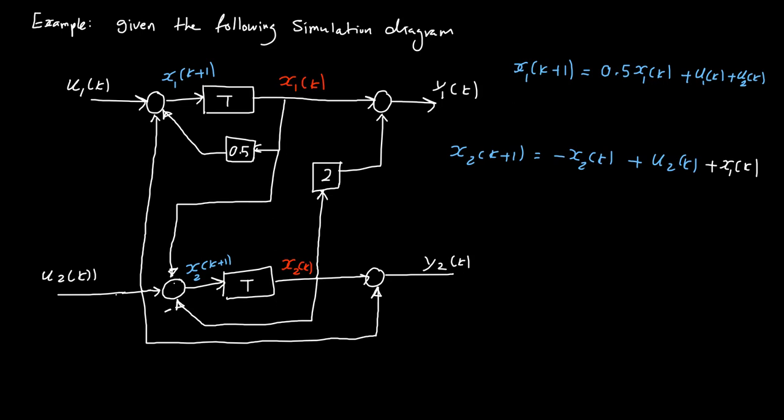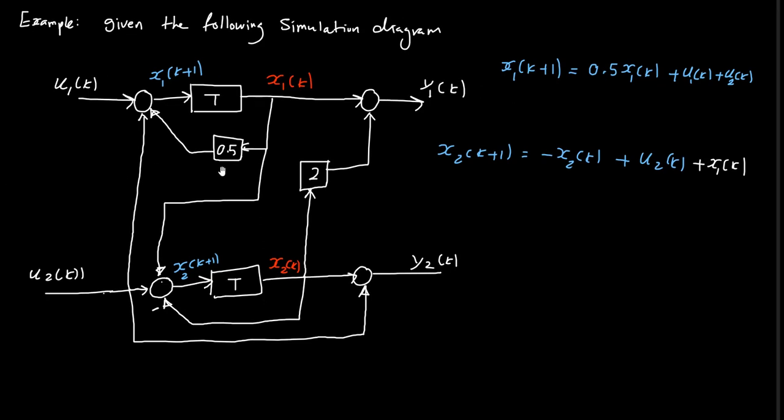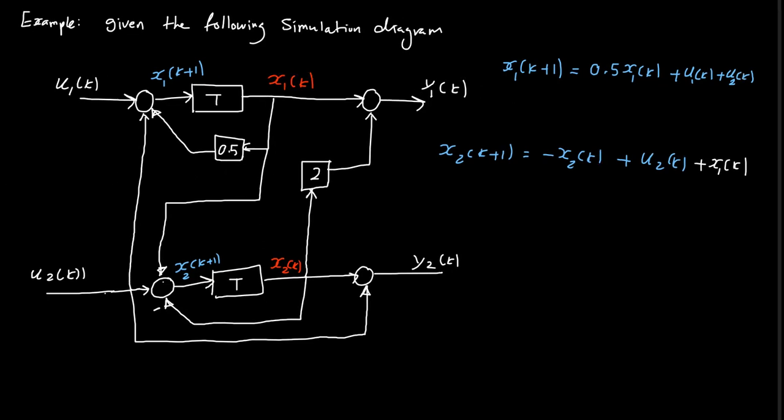So in matrix form, x of k plus 1 will equal, here I have two inputs, u1, u2, and here I have the x of k.